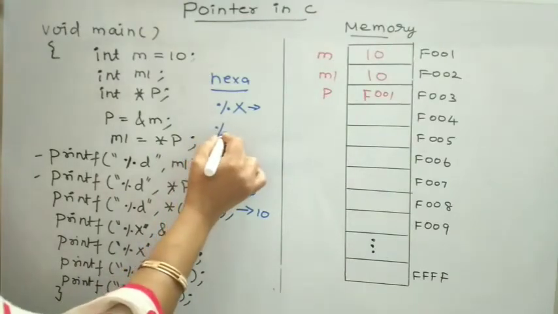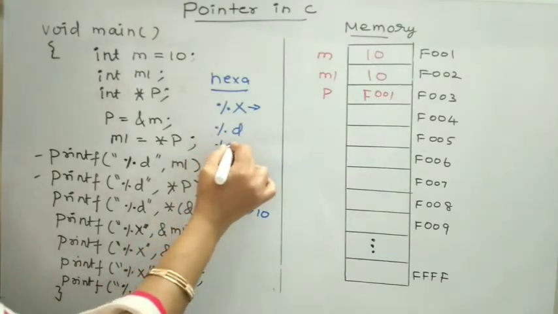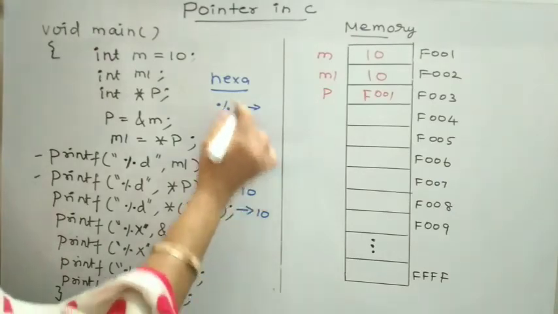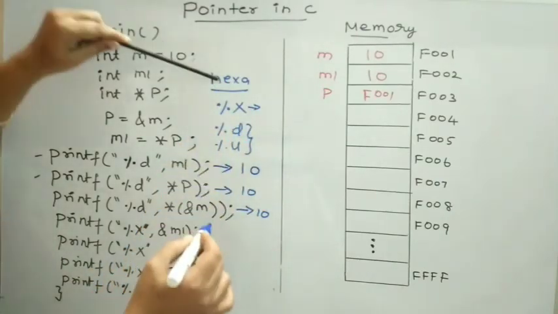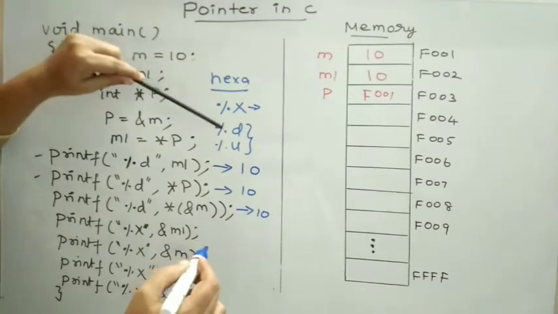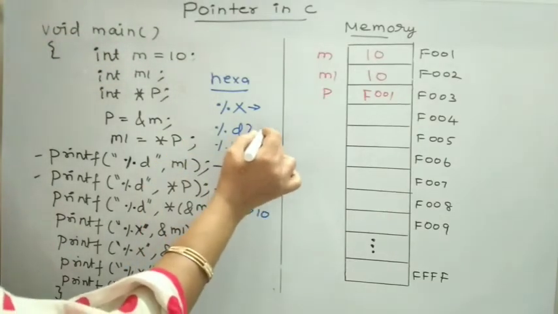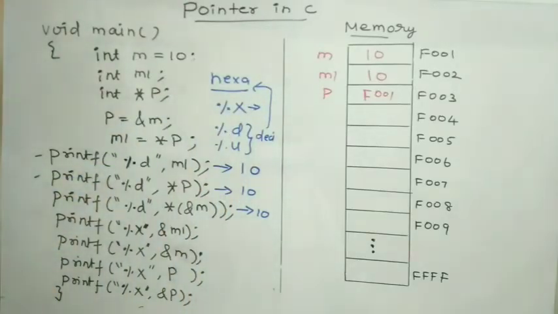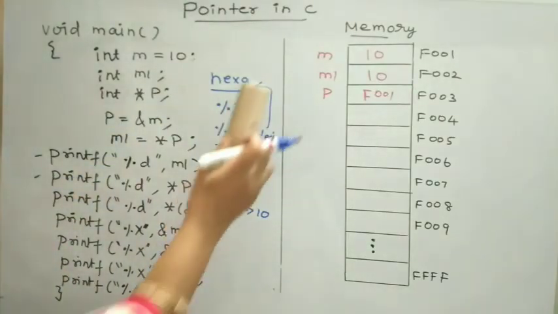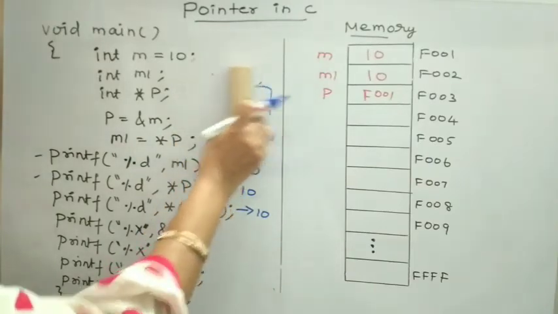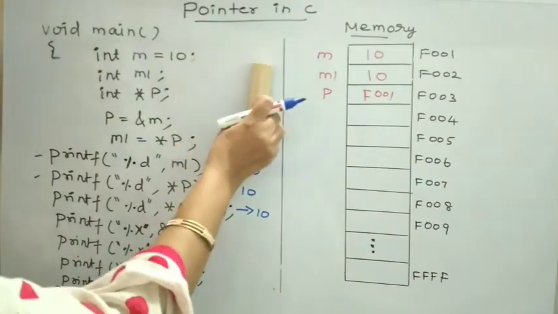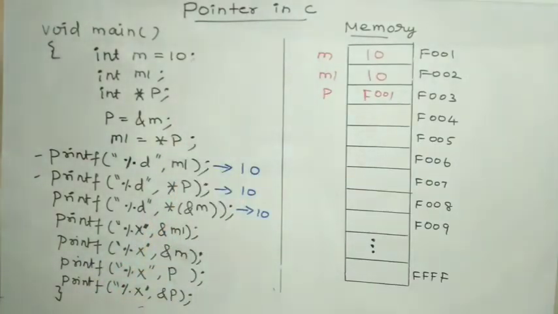If I use this control string %d or %u to print this hexadecimal value, it will convert the hexadecimal value into its corresponding decimal equivalent. It will print the decimal equivalent of this hexadecimal value. So when I am printing a memory address, I may use the control string %x.